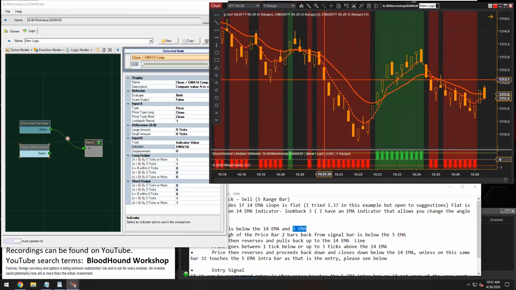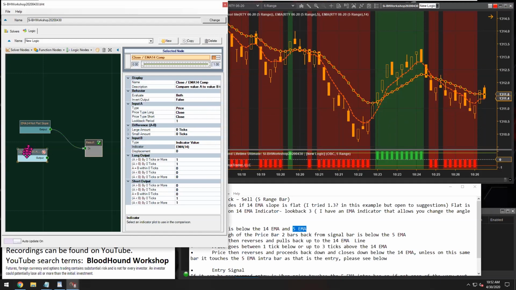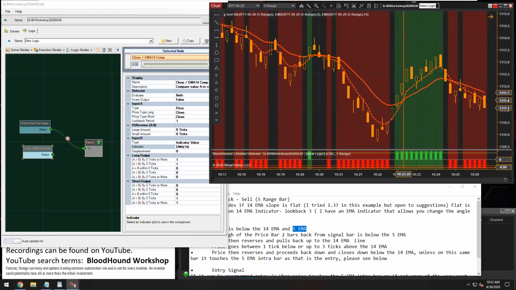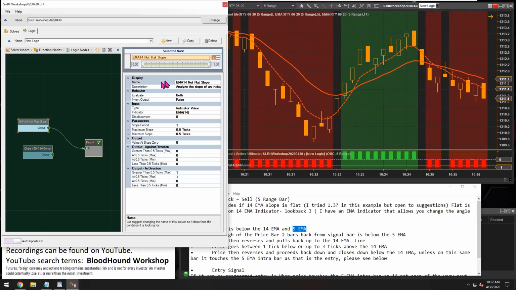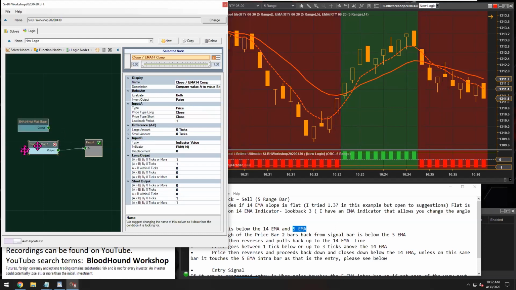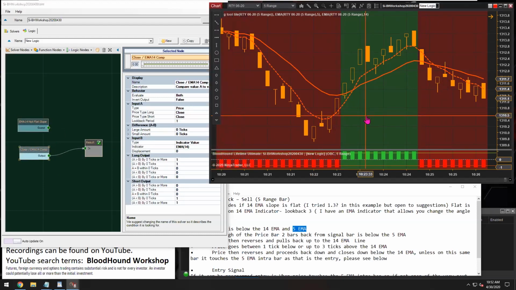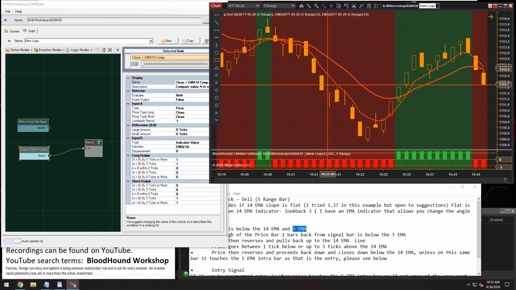We can see if the close of the bar is below the EMA14, we're getting a short output, and then I'm looking at this going, why don't I have an output on this bar right here? That's because I'm still looking at my EMA slope solver. So let's connect up the right one. There we go. Simply put, a short output whenever the close of the bar is below our EMA14, and a long if it's above.